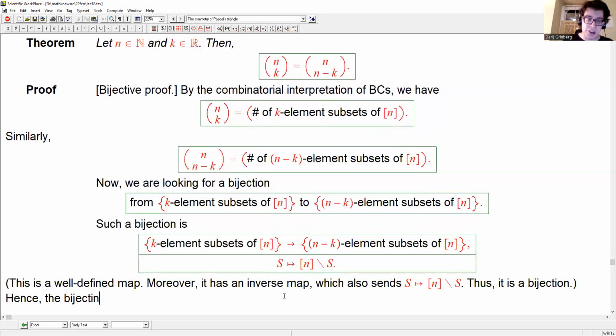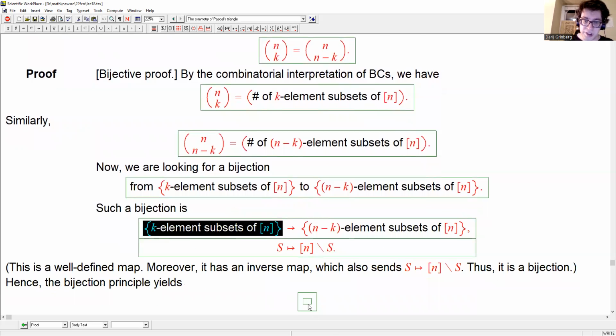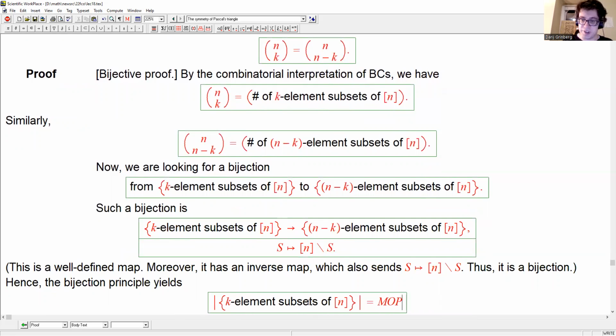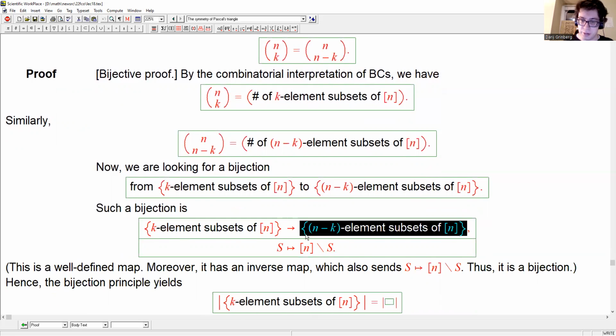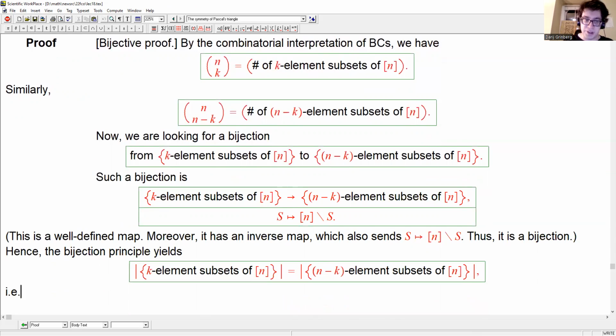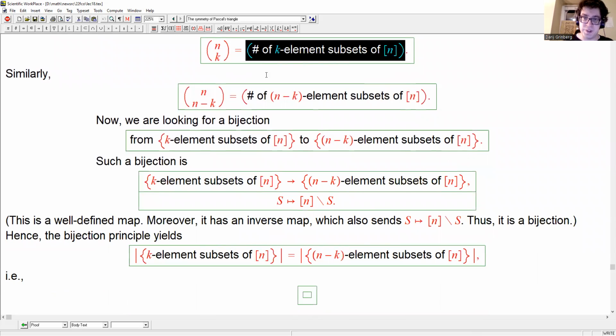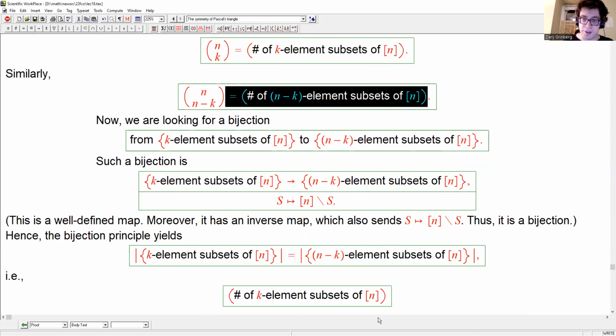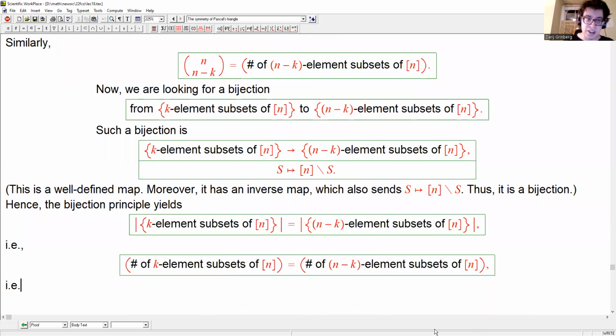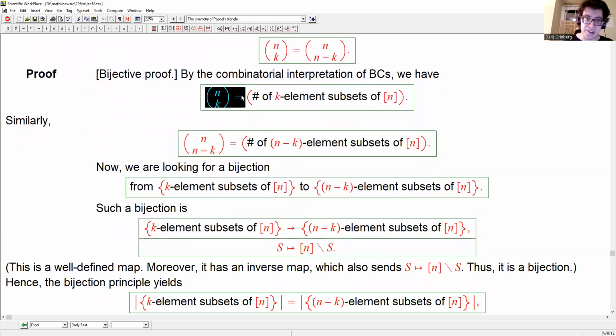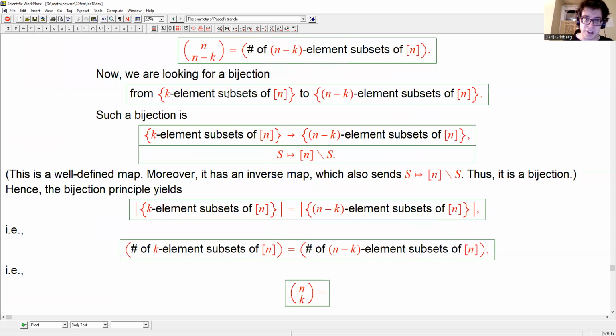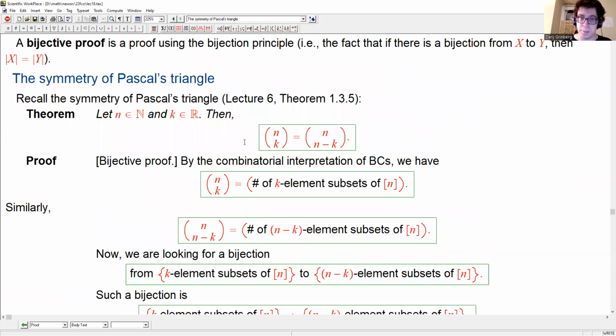And hence the bijection principle yields that the size of this here equals the size of the other one, which means that the number of k element subsets is the number of n minus k element subsets. And as we know from the above, this is n choose k equals n choose n minus k. So the symmetry is again proved.